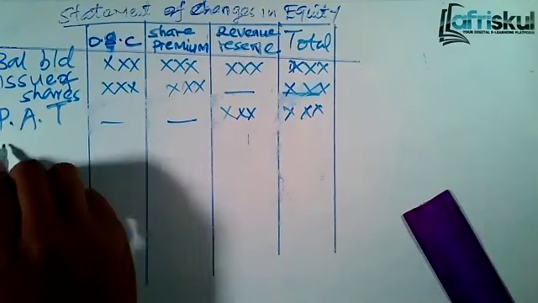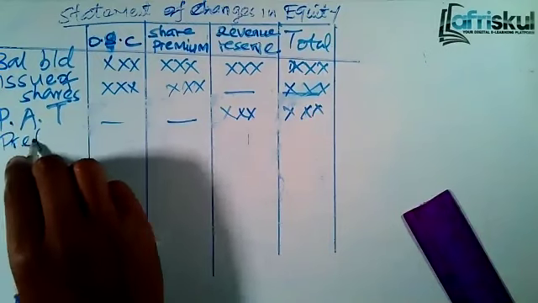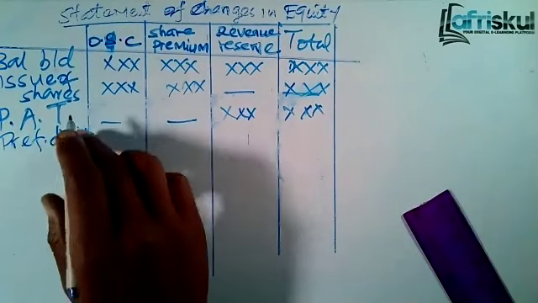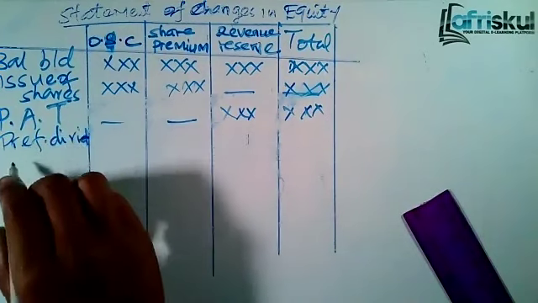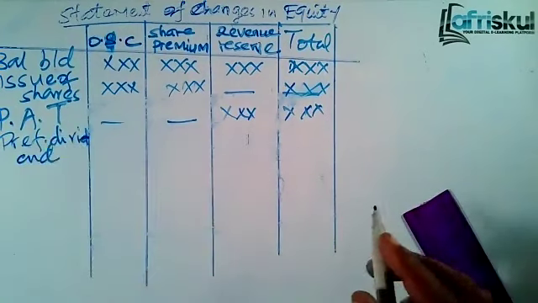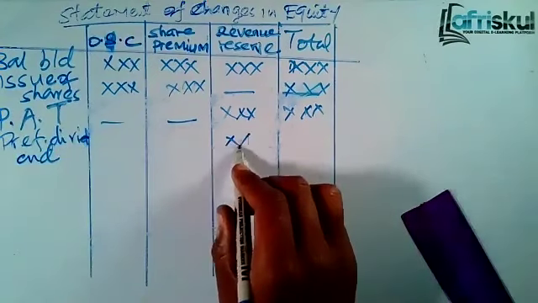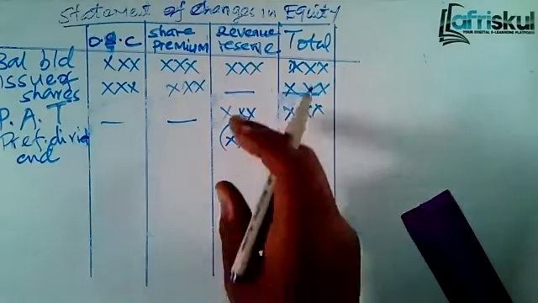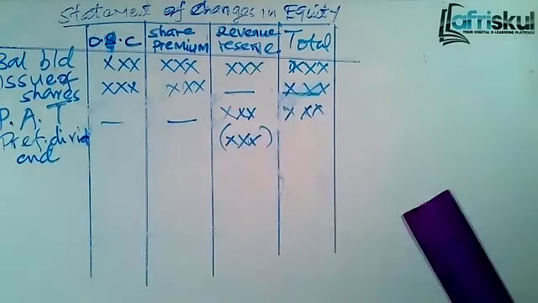So if the company pays preference dividend, you will as well take it, because once you pay dividend out of the profits, it means that it is reducing the reserve, or the revenue reserve that you are having.